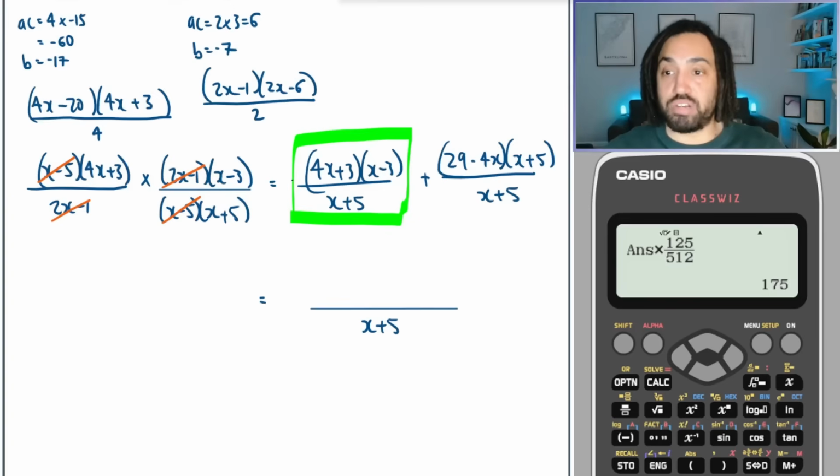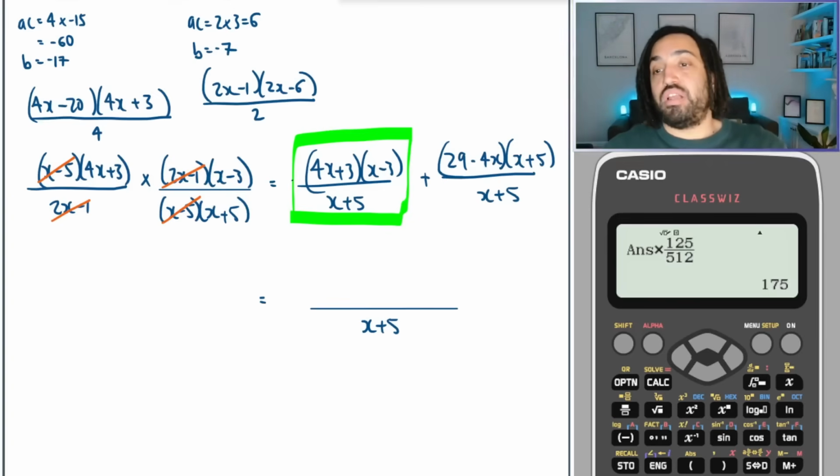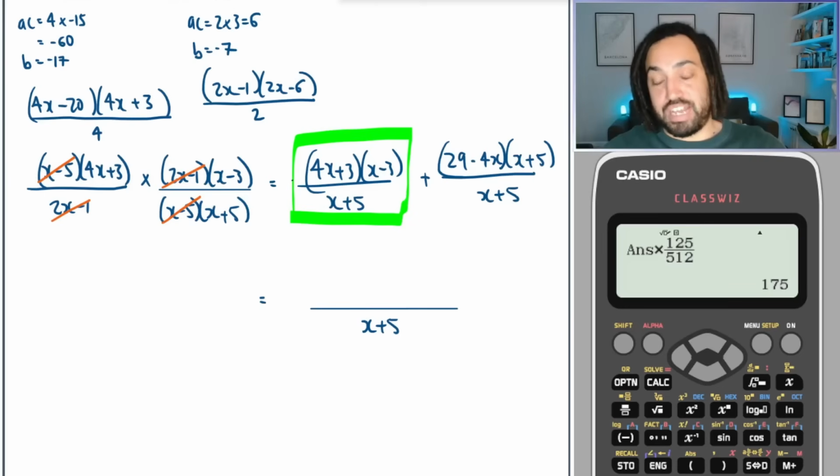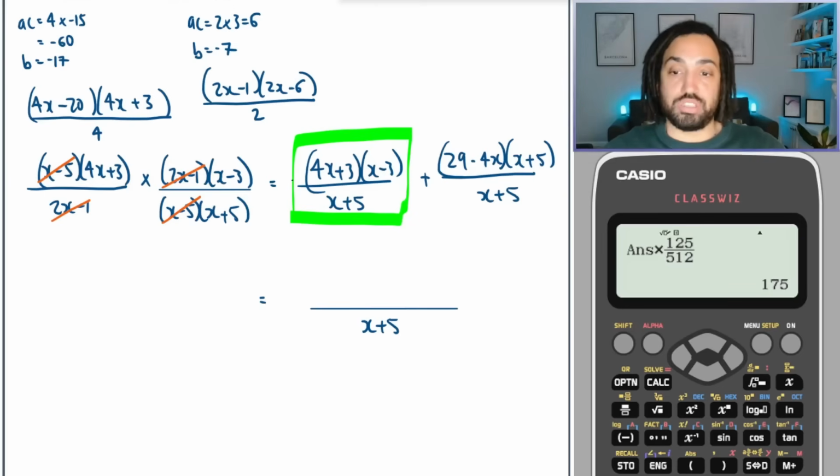We can just add the numerators. But what we're going to have to do is multiply out these two brackets and then add them, just to double check that there isn't a hidden factor somewhere inside. So multiplying out the brackets gives me 4x squared plus 3x minus 12x minus 9.